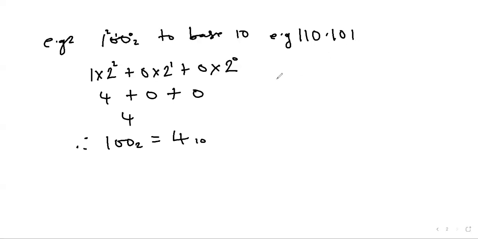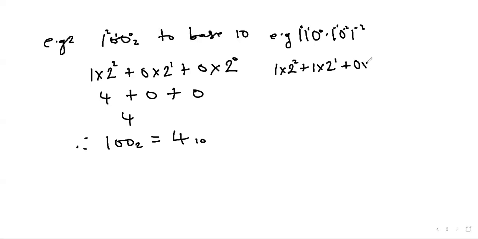So let's take another example with a binary number that has a decimal. 110.0101. So let's do that. So you allocate your powers 0, 1, 2. Here will be -1, -2, -3, and that's after the decimal point. So this will be 1 times 2 raised to the power of what? 2. Plus 1 times 2 raised to the power of what? 1.